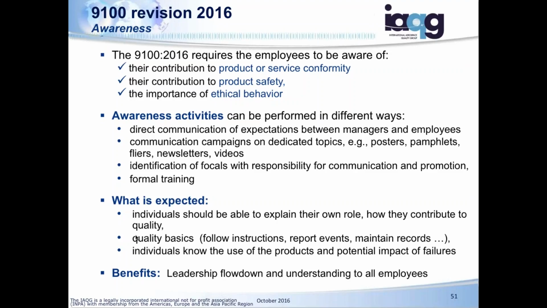And what we're not looking for is, just like the policy, we want employees to be able to internalize these things, not just have a badge tab that talks about how they meet these particular requirements. Also, we just don't want a bunch of posters up. Once again, how do we set the culture to understand product, service, conformity, and product safety?